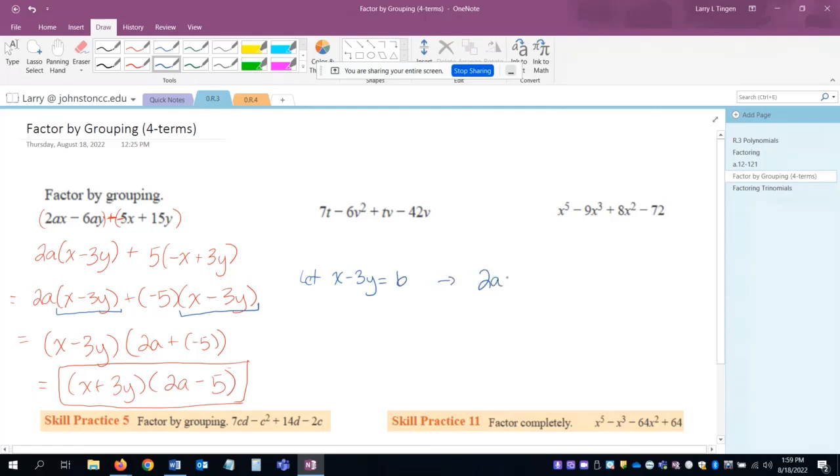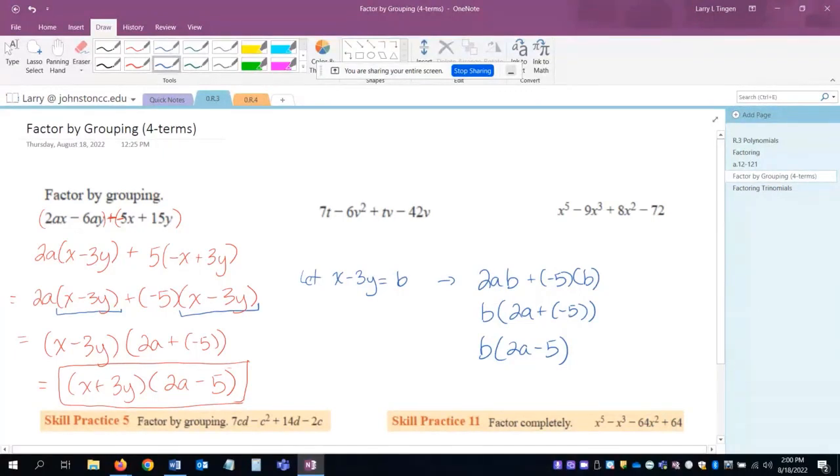If I do that, that means I have 2ab plus negative 5 times b, right? And everybody would say, oh yeah, there's a b. Factor that out, I'm left with b. I factor out that b, and then what's left over? 2ab, divide that b away, you're left with the 2a. Negative 5 times b, factor out that b, you're left with the negative 5, right?